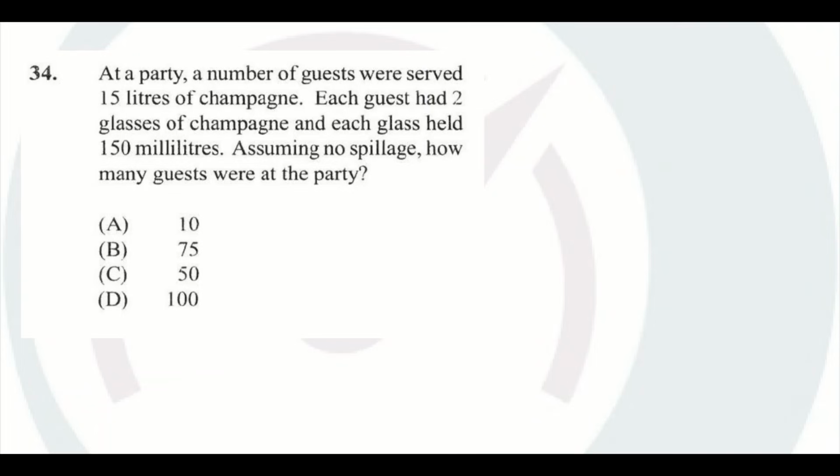Assuming no spillage, how many guests were at the party? In the January one, they asked how many liters of champagne there were. I can't recall, but this time they're asking how many persons were at the party. If you saw the January solution, you can just easily put the answer, because the answer was in the last question. But anyway, let's work it out.